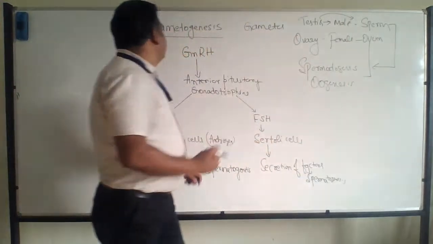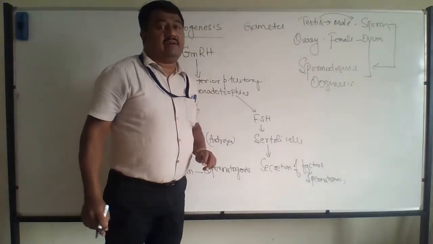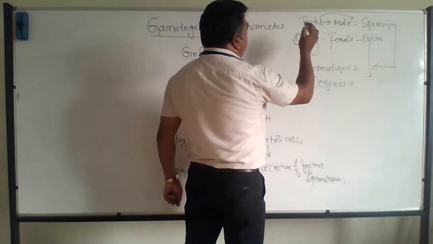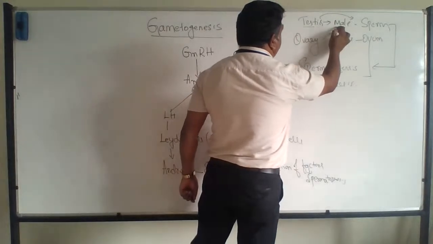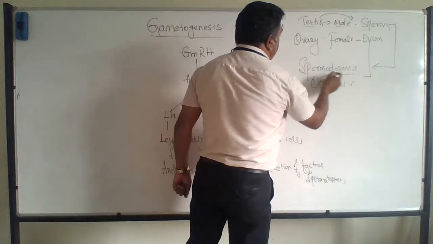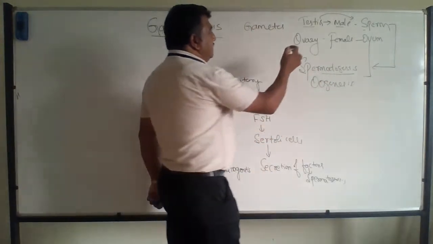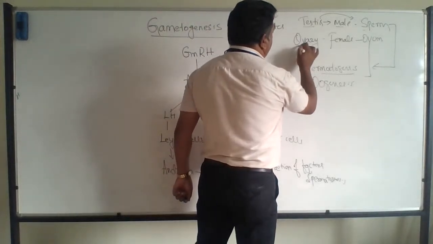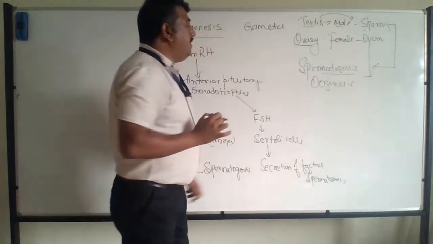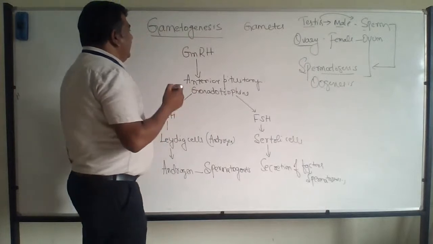Gametogenesis is nothing but the process of formation of a gamete. The primary sex organ in humans, the testis in case of a male, is responsible for the formation of the male gamete by a process called spermatogenesis. And the other primary sex organ in case of female, the ovary, is responsible for the formation of the ovum by a process called oogenesis.